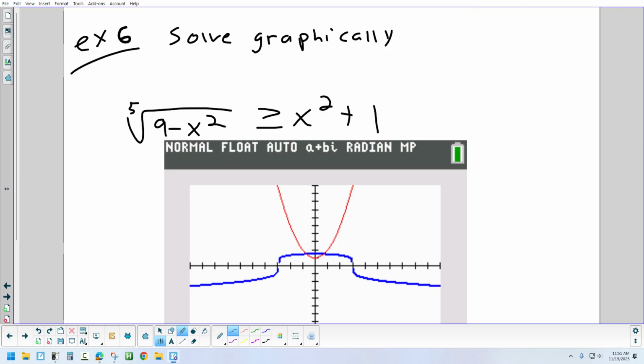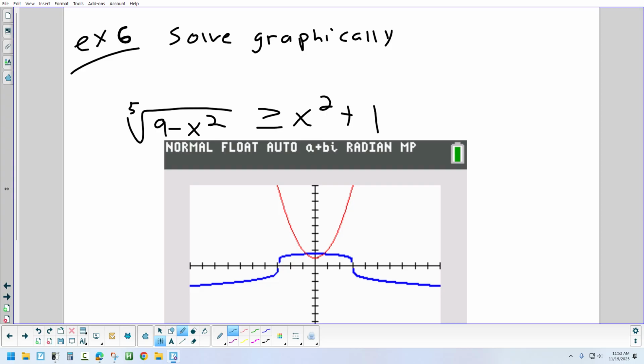You don't have to give me exact, you can just describe where on the screen. In the middle, yeah. It's not over on the left, it's not over on the right. I'd say right in the middle.